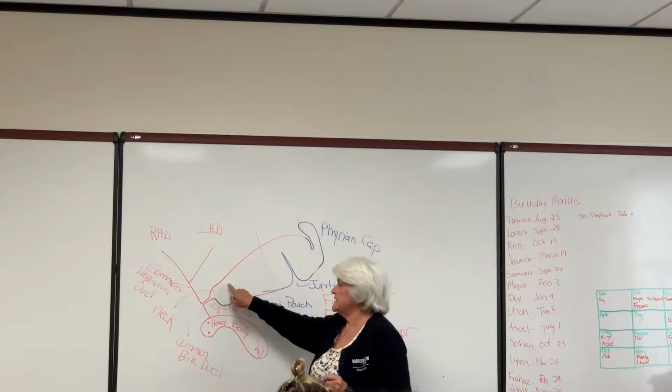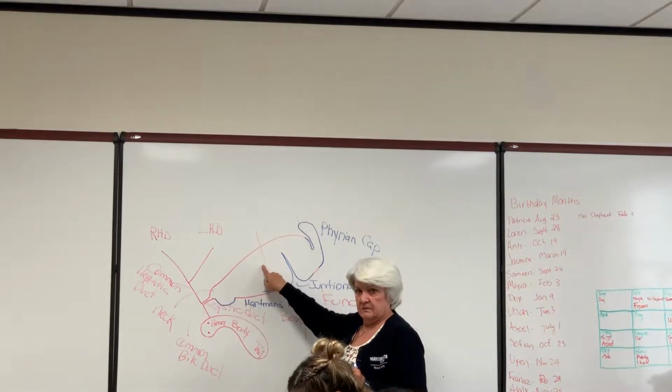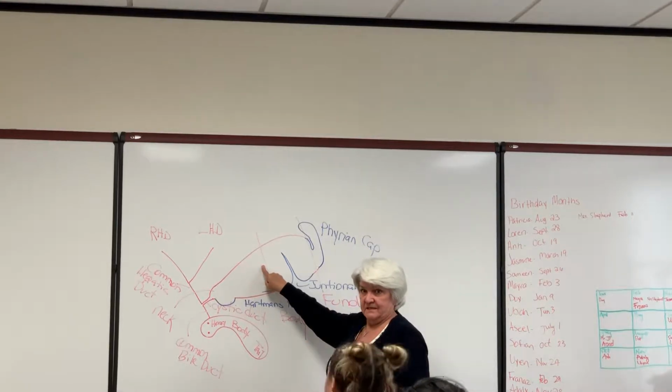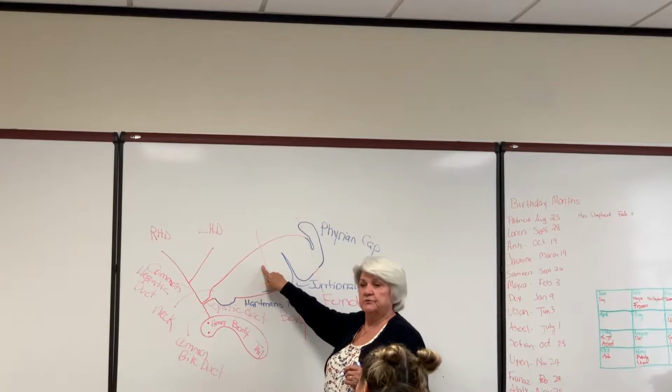The cystic duct drains the bile once we eat. So hormones are put into place to have the gallbladder empty out. Cholecystokinin, we're gonna get to that.